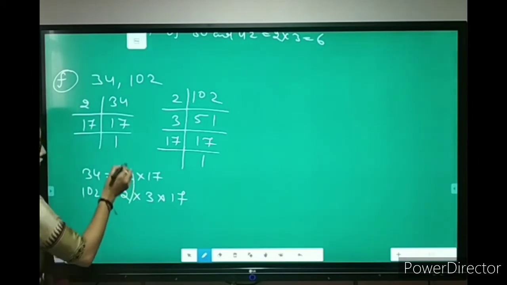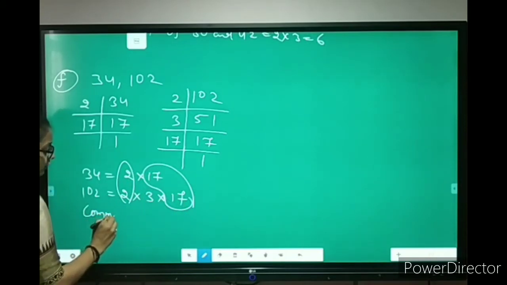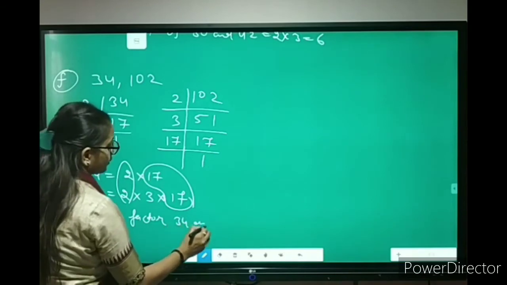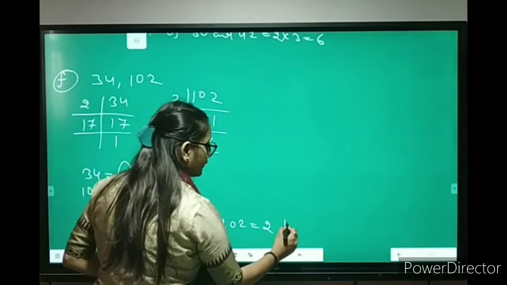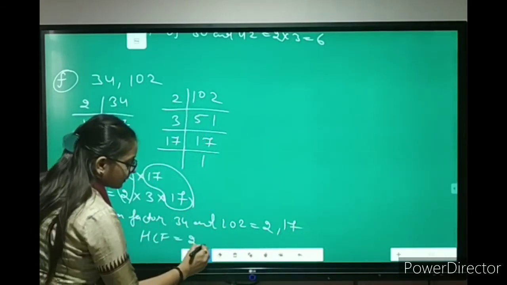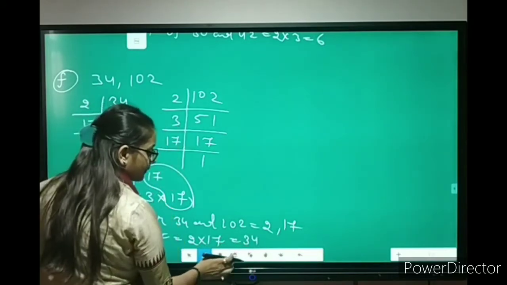Common factors are 2 and 17. So the HCF is 2 multiplied by 17 equals 34.